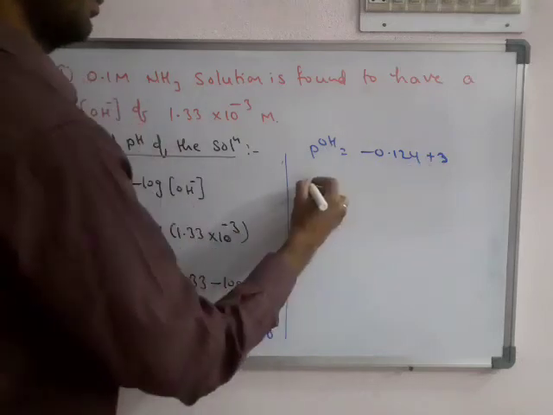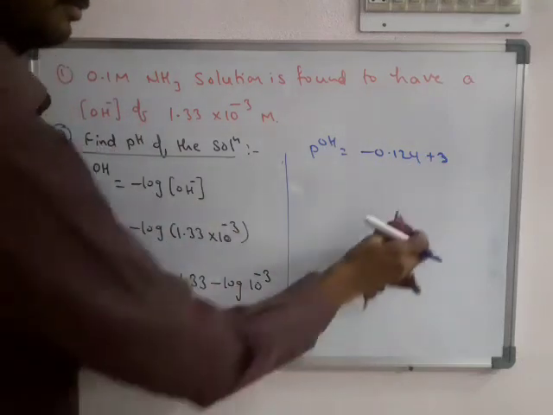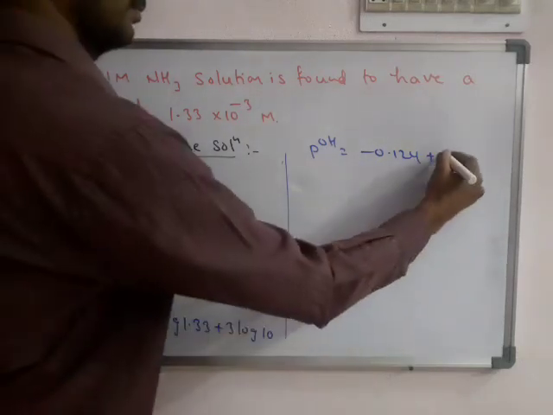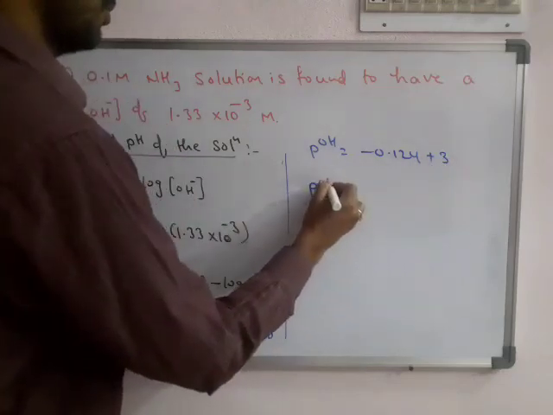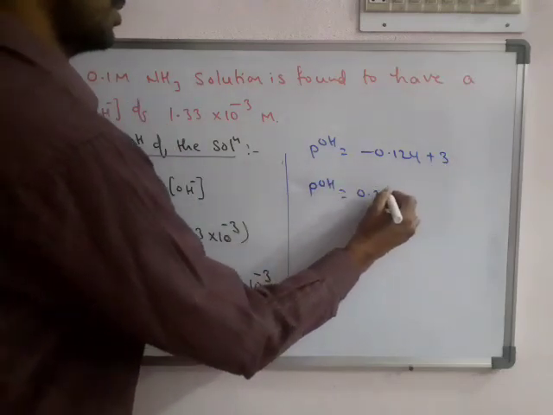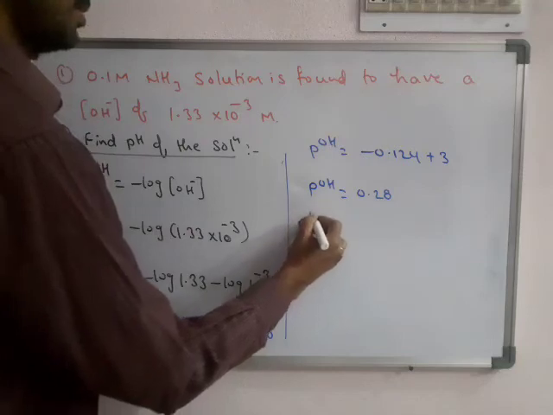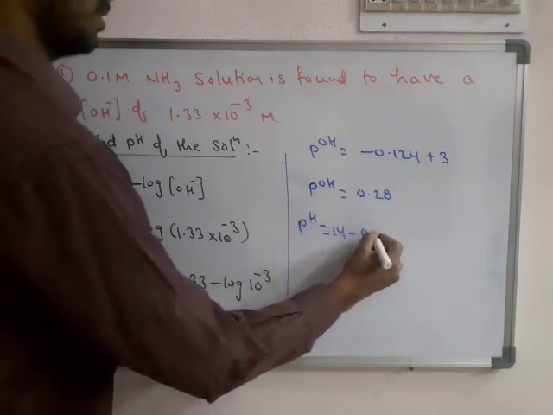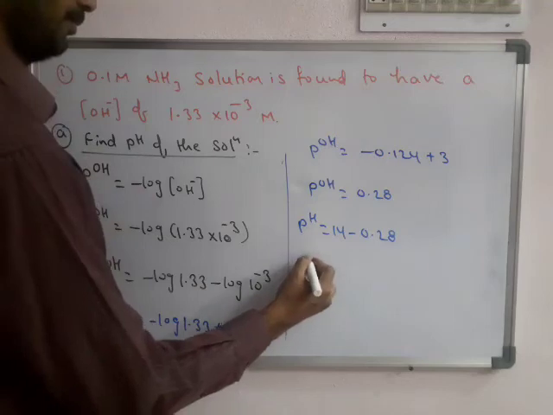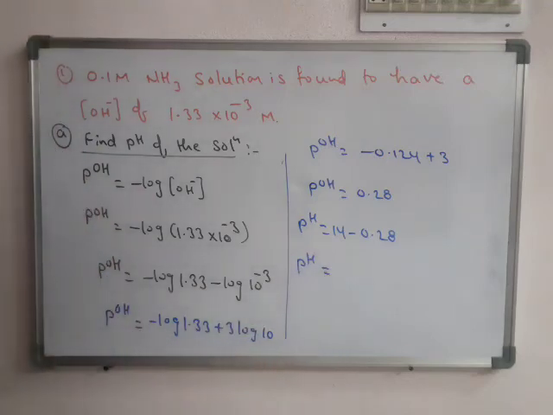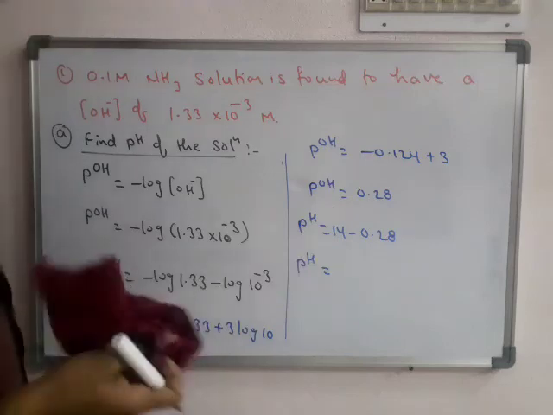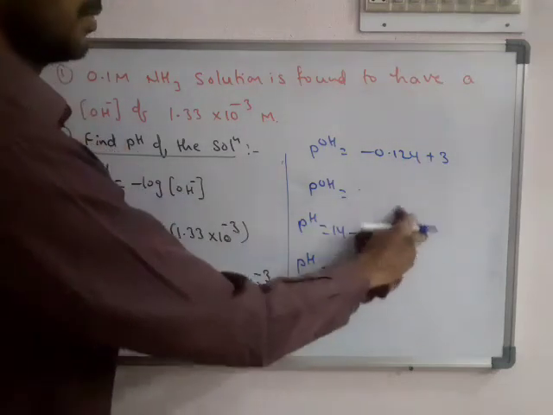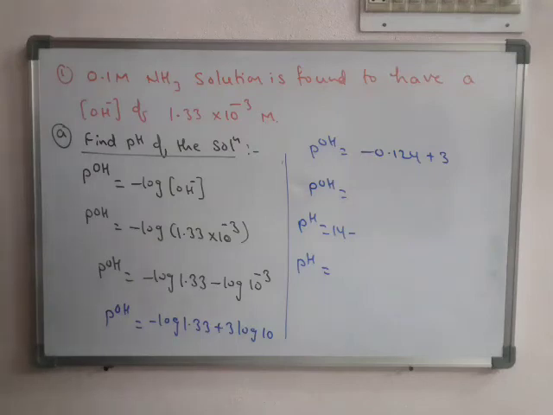So therefore pOH is approximately 3 minus 0.124, which is 2.88. Sorry, so pH equals 14 minus pOH, which is approximately 11.12.